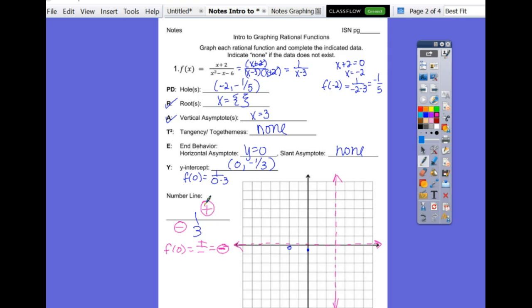Okay, so I don't have to test to see if it'll cross over there. So then from 3 on, it's positive, which means it's up here in this quadrant. So is it going to cross the asymptote? It's not, because that would be negative. So I know when I draw this, it's going to look like this. It's going to go here, here, and here. And this is all going to be positive.